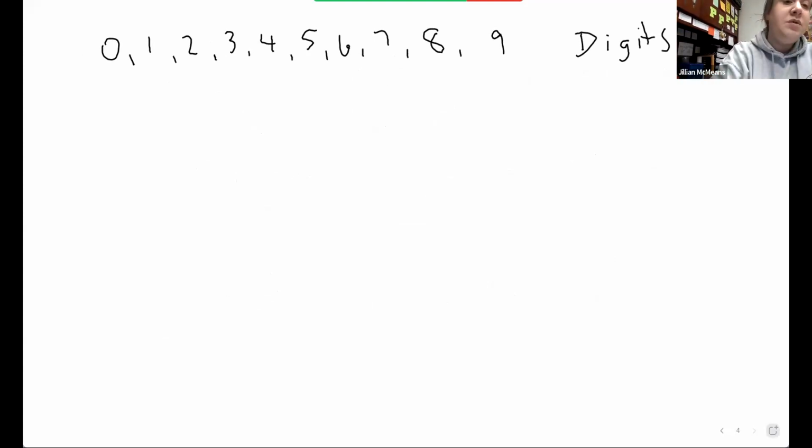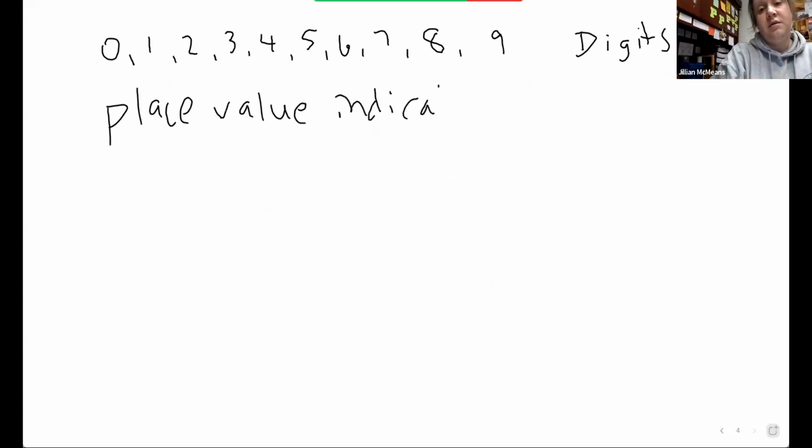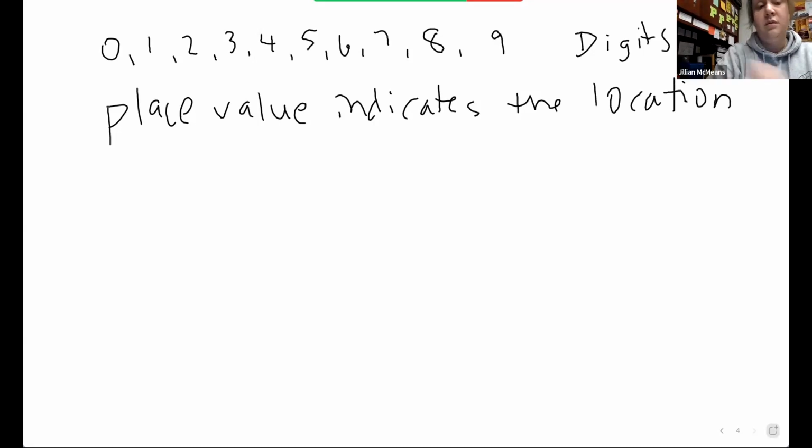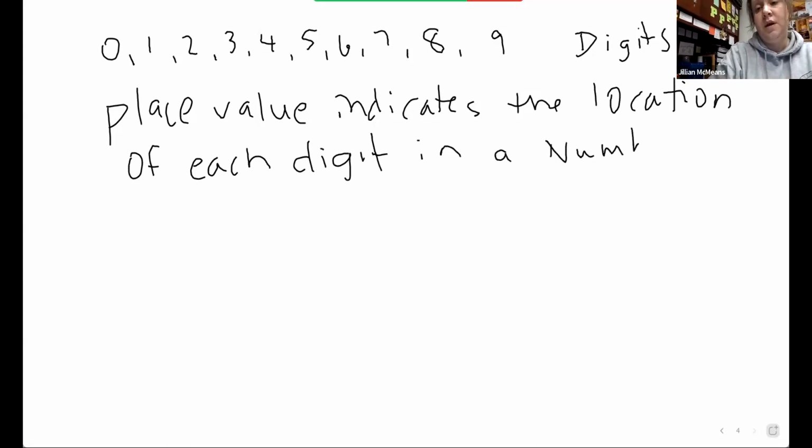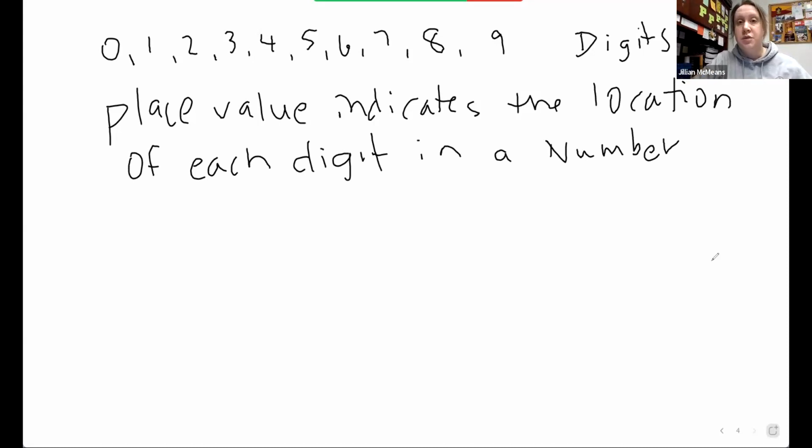Okay, and we use something called place value to indicate the location of each digit in a number. And so I do want to show you a place value chart. It'll be easier than writing it out, especially since I don't have a stylus that works really great with this touchscreen computer.